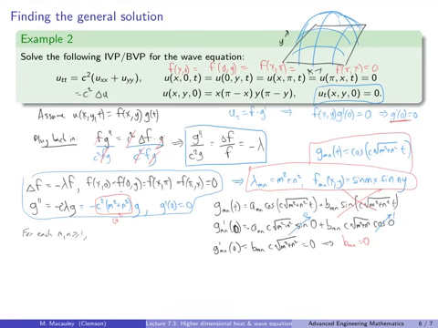We have a solution u mn of x, y, t, which is f mn of x, y times g mn of t. And so that's this sine of mx, sine of ny times cosine of that.